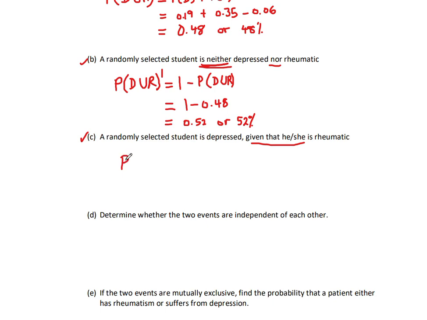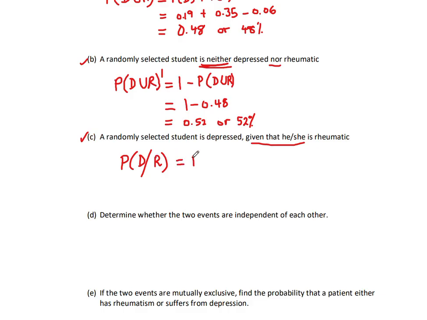So we're asked to find the probability that a patient is depressed given that they have rheumatism. On the condition that a person has rheumatism, the condition is what comes after the slash. On that condition, what is the probability that they are depressed? In effect, that's what we're asked.